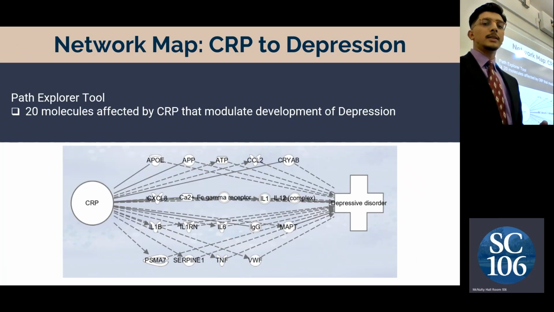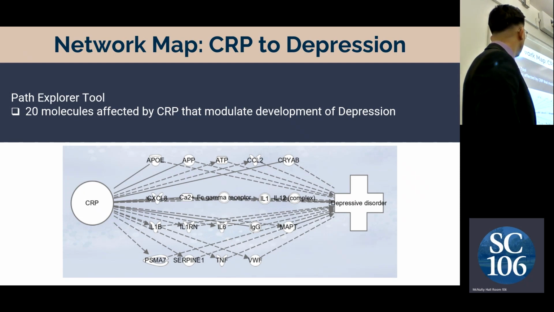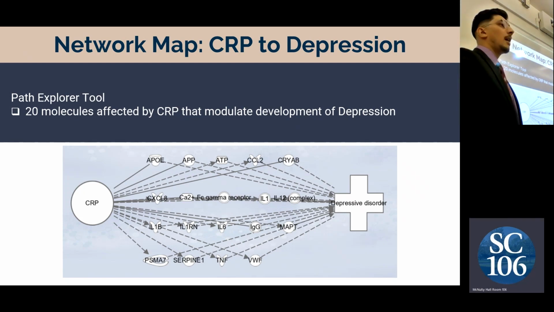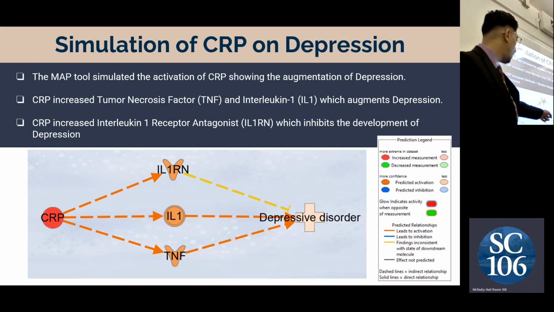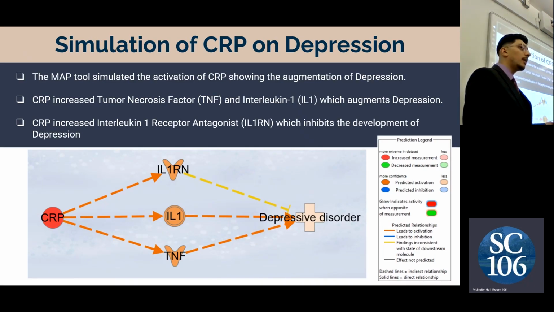With this being said, I was able to create a network map from CRP to depression. I used the Path Explorer tool to find 20 molecules affected by CRP that affect the development of depression. And with this pathway map, I was able to use the molecular activity predictor, the MAP tool, to activate CRP and find the potential augmentation of depression shown by the slightly reddish orange tint.